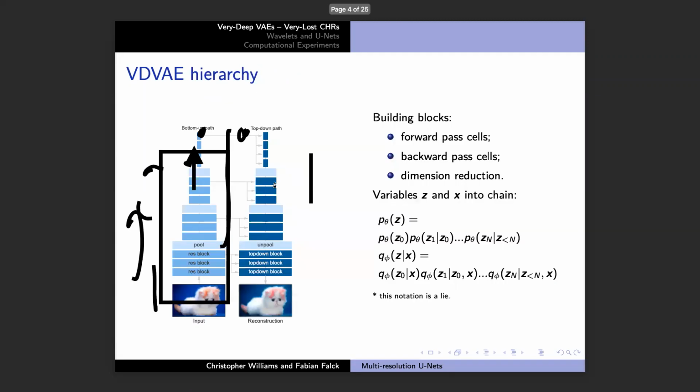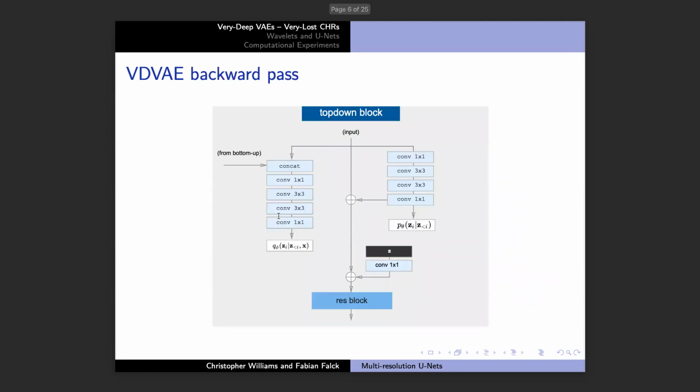The backwards pass now, it's sort of easy to forget things, but coming back through the dimensions, it gets a lot more complicated. What we have is some input that comes from the bend, and we learn two distributions.